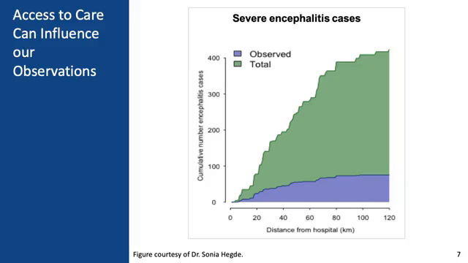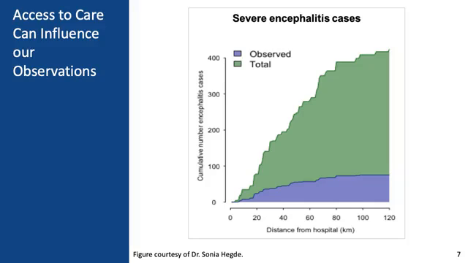Let me tell you how we got the data for this figure. So the observed represents the number of encephalitis cases who sought care at our surveillance hospitals and were detected, and where they live with respect to the hospital.